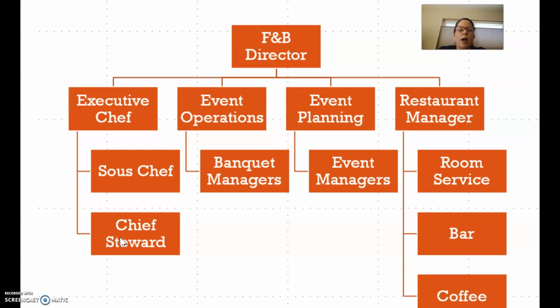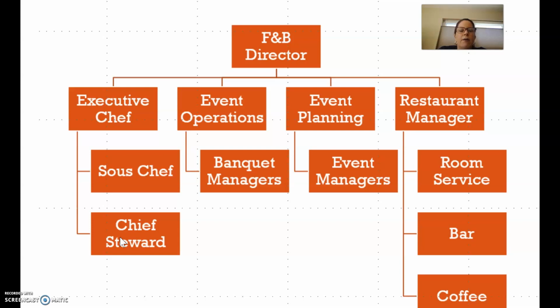The chief steward position is responsible for all of the cleanliness of the kitchens and dishwashing, which is super important because there are so many restrictions and guidelines as to titration of chemicals, temperature of the machinery, making sure that the equipment is working properly, things like that.